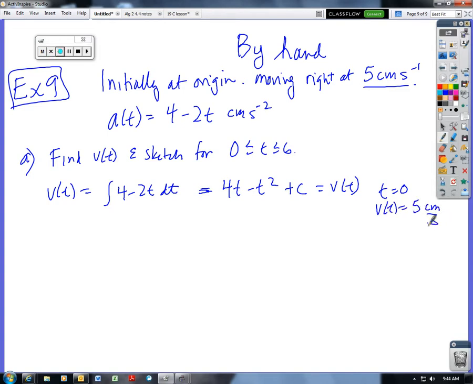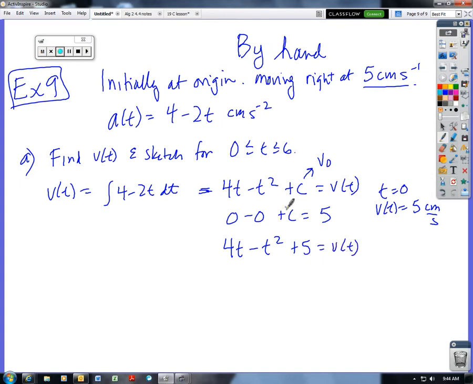If you plug in 0 for t, this will be 0 minus 0 plus c equals 5. You'll see that c is 5. And that's always the case. This c is always the initial velocity, v sub naught. So you could actually skip this second step from now on. If you know the initial velocity, you can just plug it in there for c.